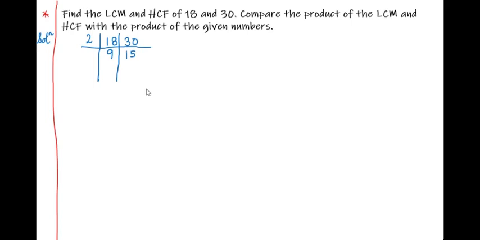We have understood that 18 and 30 both are divisible by 2, which means 2 will be its HCF. So we'll give a small dot inside by 2. This dot will tell us that 2 is divisible by both these numbers, means 2 is our HCF.